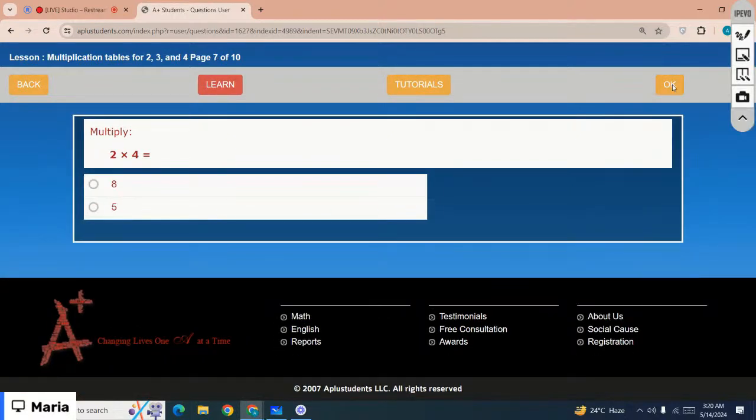The next one is 2 times 4, which is the correct option? 2 times 4 equals.